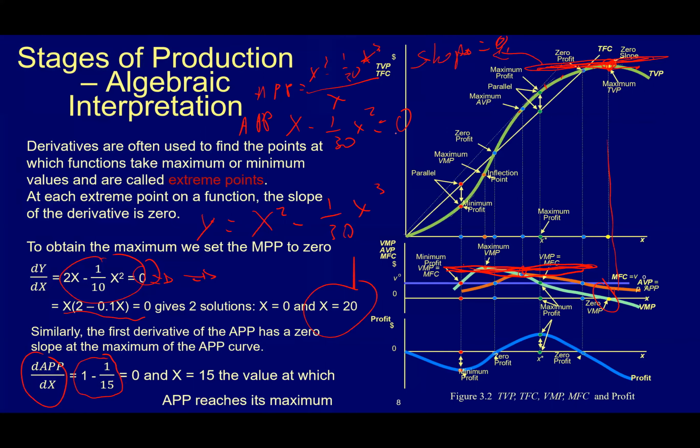I can show that another time, but we'll find that x is equal to 15. Basically, this is the function that we set to 0 for the average physical product.